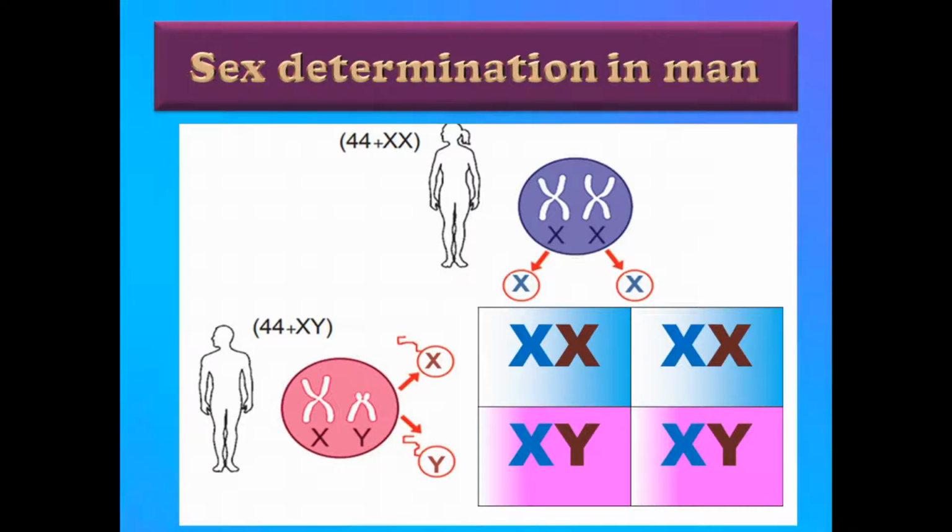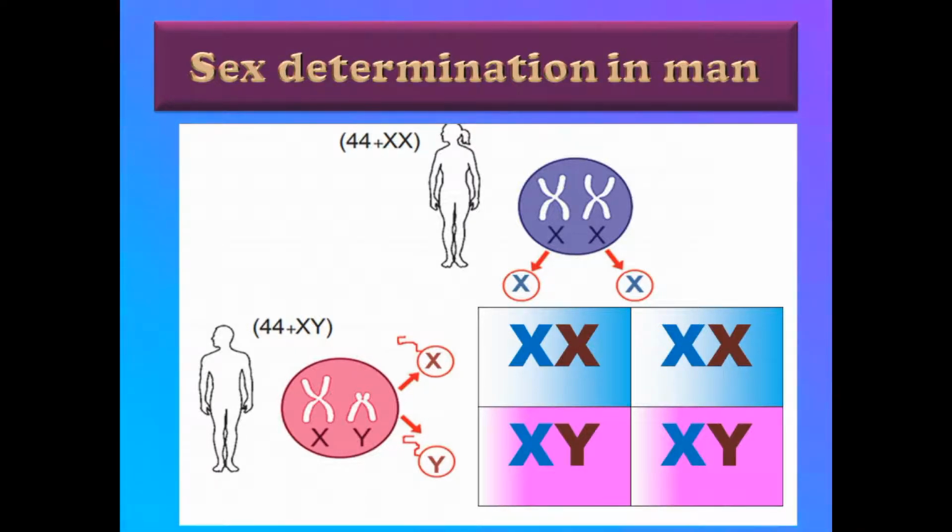In the next box the X of the mother combines with the Y of the father to form the baby boy. Similarly, in the last box also, the X chromosome of the mother combines with the Y chromosome of the father to form the baby boy.